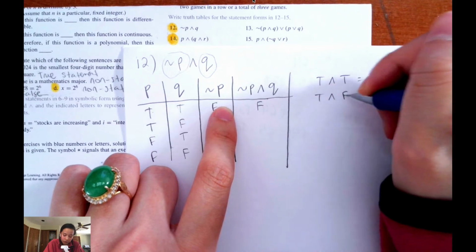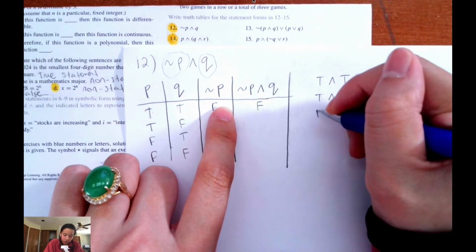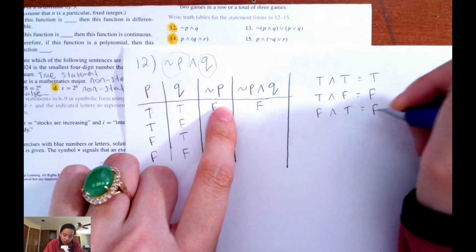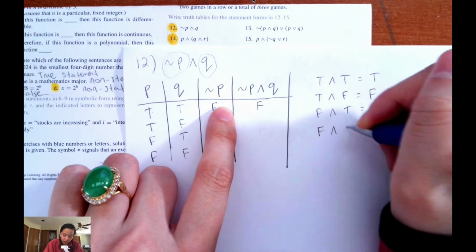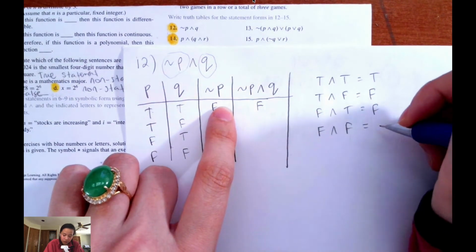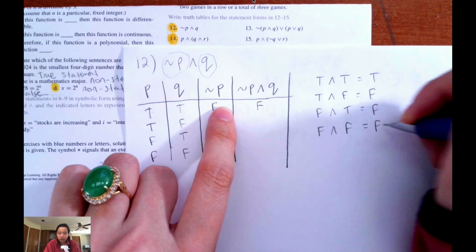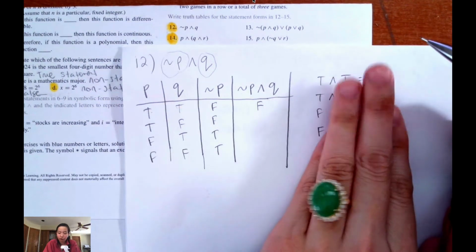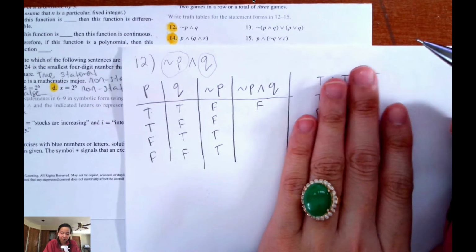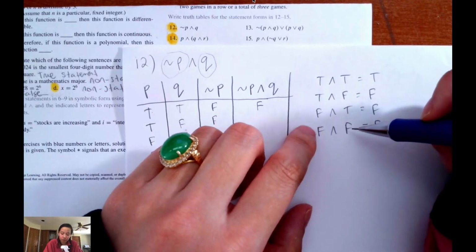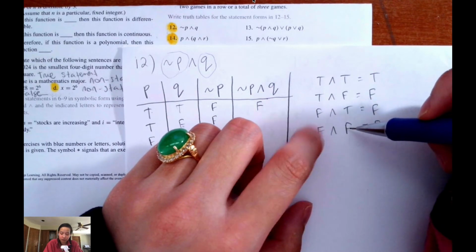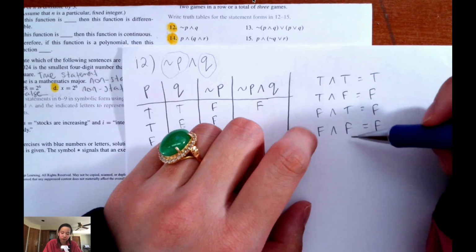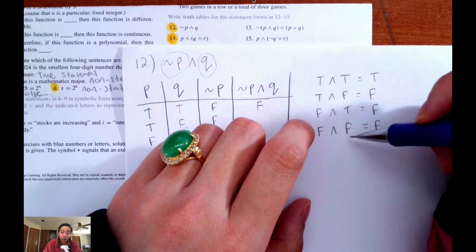True and false equals false. False and true equals false. And false and false equals false. So this is just a very informal thing I'm writing. I don't think this is actually how you would write the falses, because it looks like it could be variables instead of truth values.